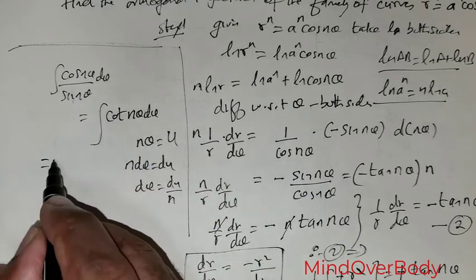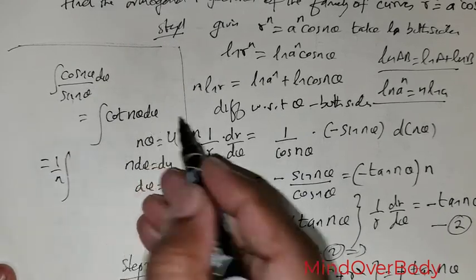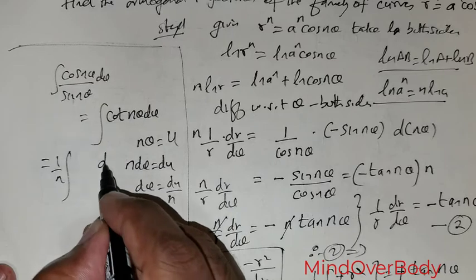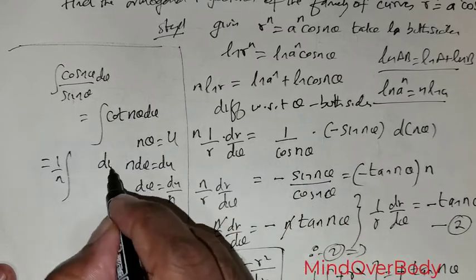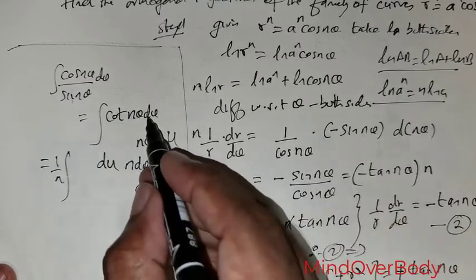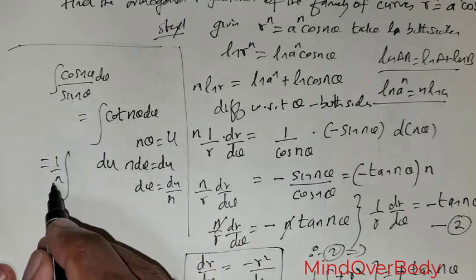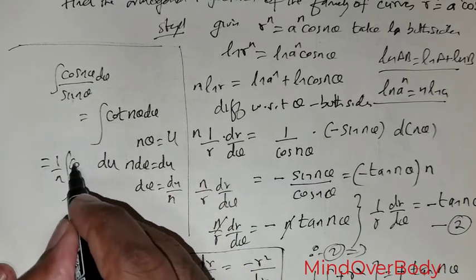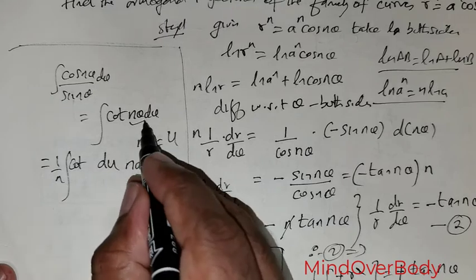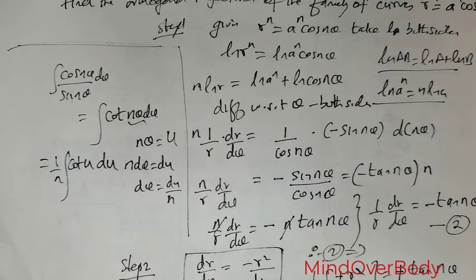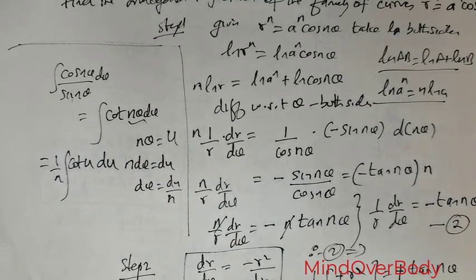So I can rewrite this as 1 over n for d theta, and then I will have du there. So in place of d theta, I am writing du over n. So the n is placed over here. So followed by cot of n times theta is u. So this is what we have to integrate.